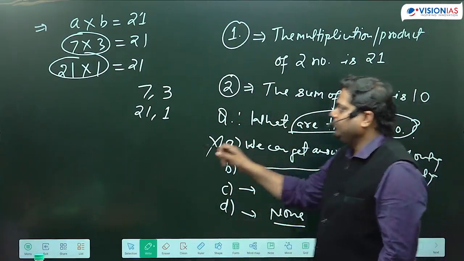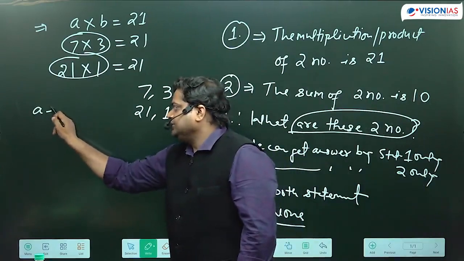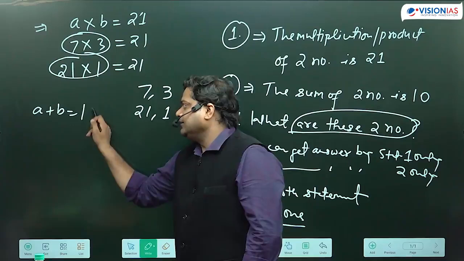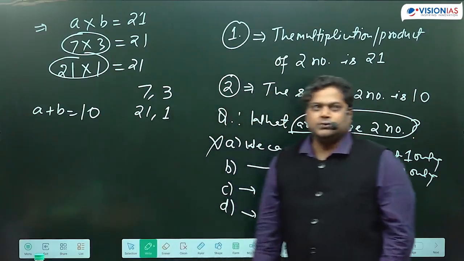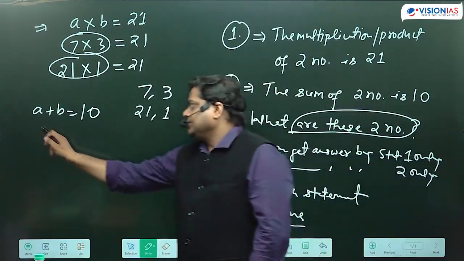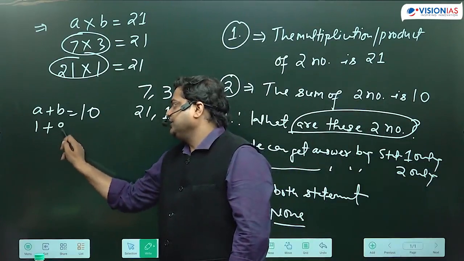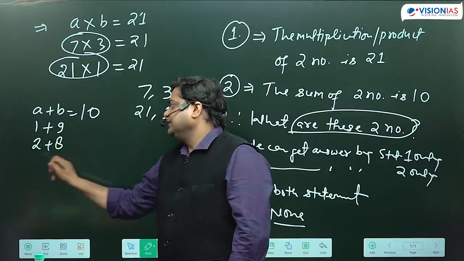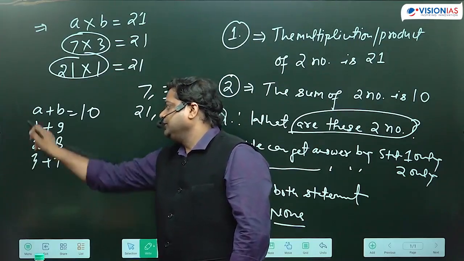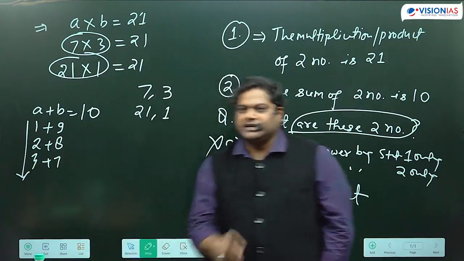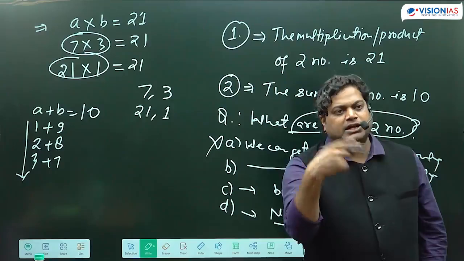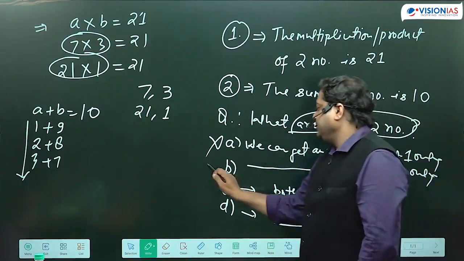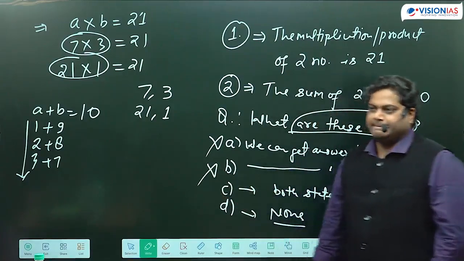If we take the information of statement 2, the sum of these two numbers is 10. Can we get two numbers? The possibility of A can be 1, 9; it can be 2, 8; it can be 3, 7. So many possibilities we can have. We are not getting just two numbers, we are getting more than two numbers. That means from statement 2 also we cannot get the answer.